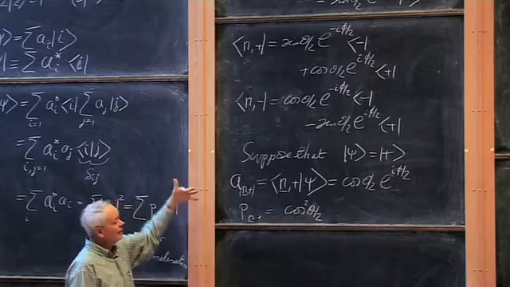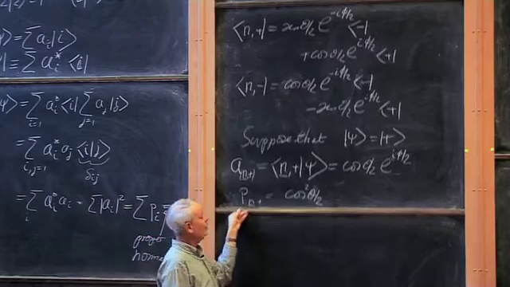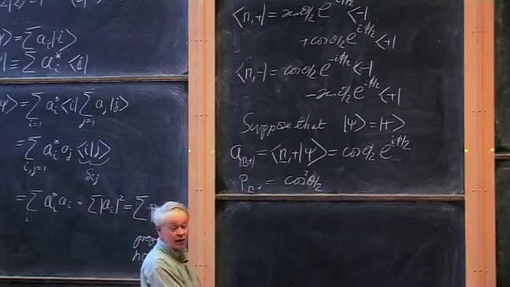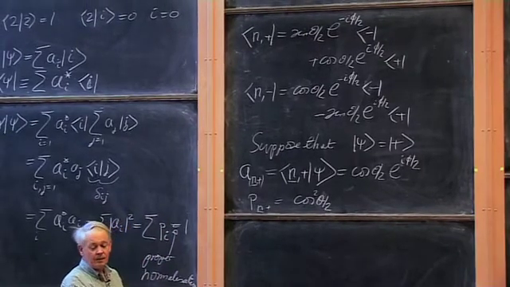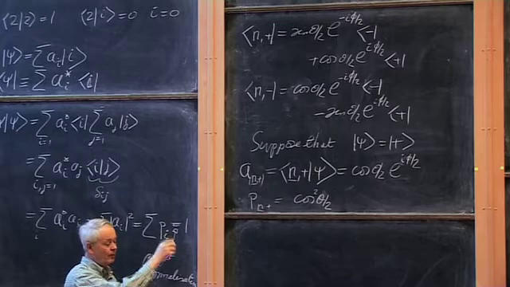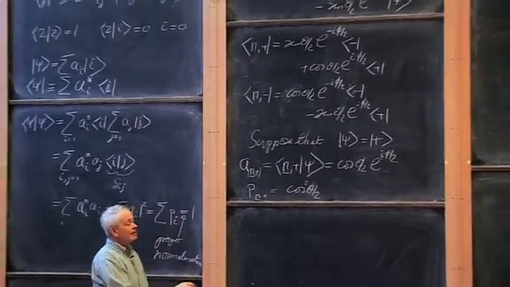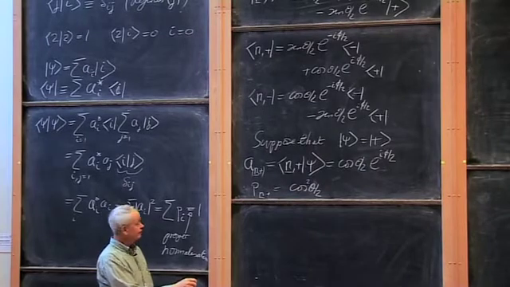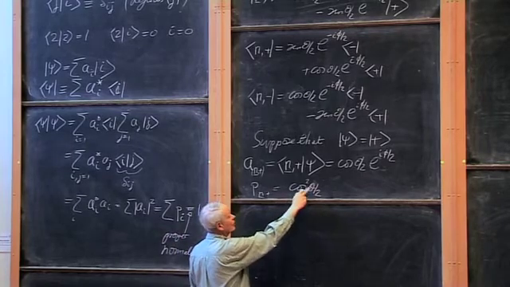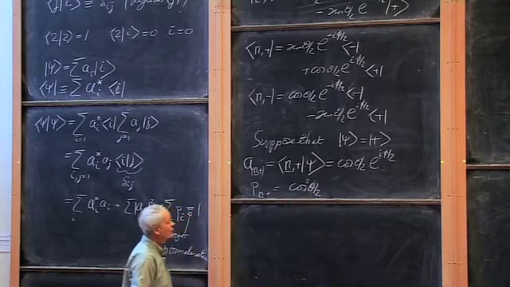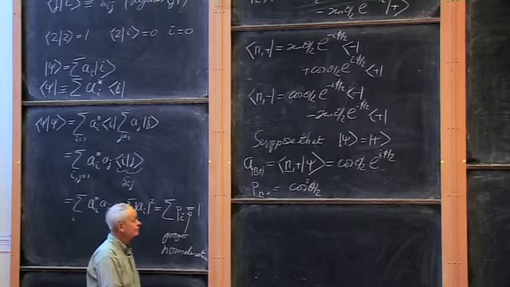When theta is pi, which means that n is pointing in the direction of the minus z-axis, we should get the probability 0, because that's the probability to find that it's pointing down the minus z-axis, which is the same as the probability that we get minus along the plus z-axis. And when theta's pi, lo and behold, we're looking at cos squared of pi upon 2, which is 0. So this does behave in a sensible way.